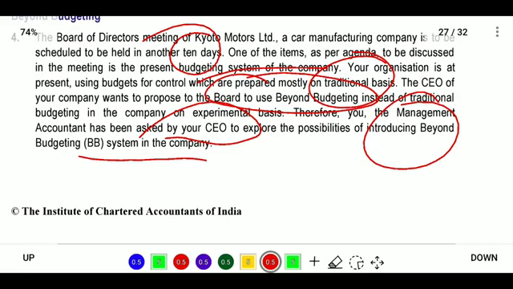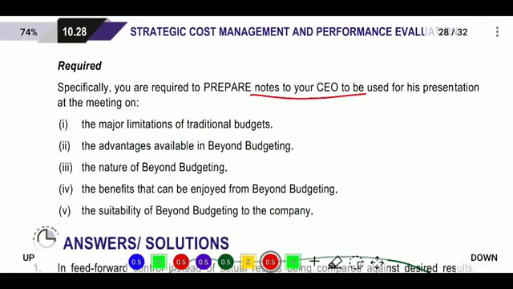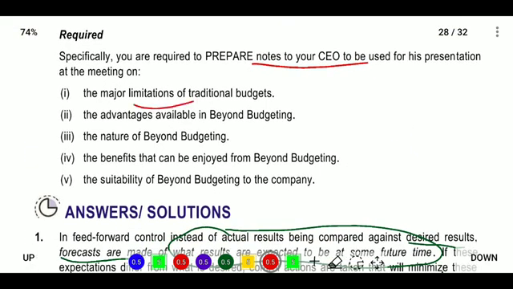So you are required to explain what beyond budgeting is, what is useful and what is required. You are required to prepare notes for your presentation and meetings. They are going from traditional to beyond budgeting, and for that they must convince their shareholders.